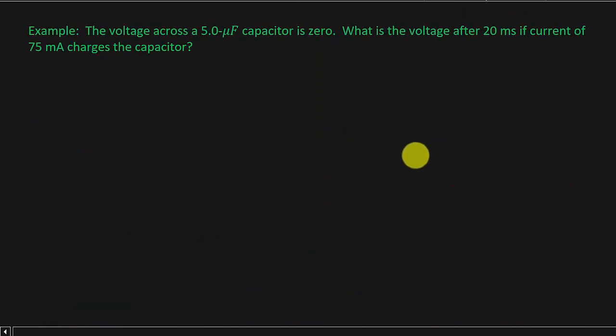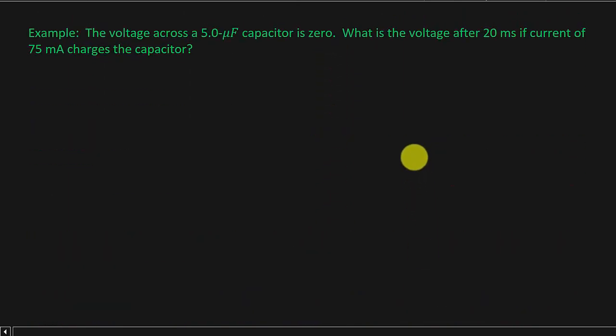All right, so let's look at the next one. It says the voltage across a 5.0 microfarad capacitor is 0. What is the voltage after 20 ms, so 20 milliseconds, if a current of 75 milliamps charges the capacitor?